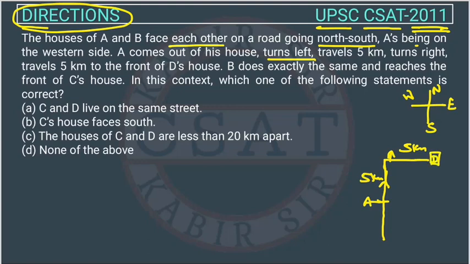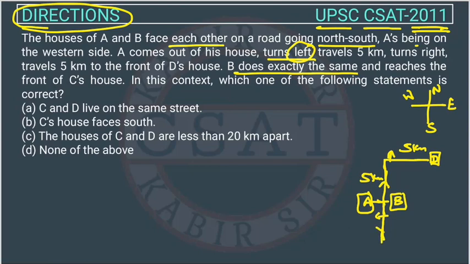Okay, B does exactly the same, so B is doing the same thing that A did, right? So B is here. B will come out of his house and face this side. So what A did, B will do: come out of his house and take a left turn, so he will go this side.